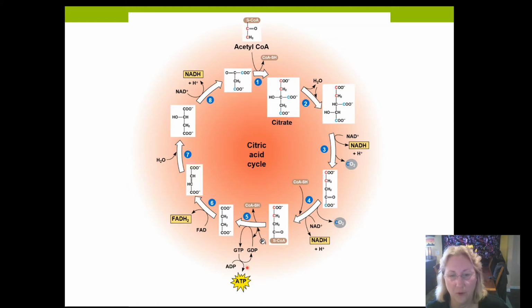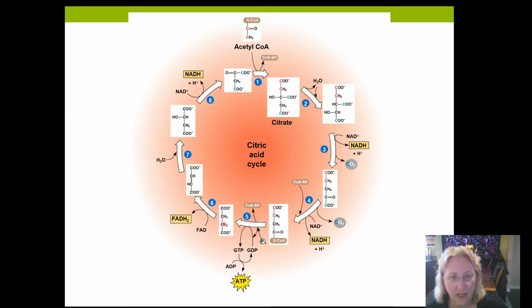Here's a phosphorylation step, so you notice GTP is the first product here. So GTP is used by quite a few cellular systems, including the ribosomes, which use GTP for protein synthesis. So this would be the source of that. It can also be turned into ATP at a small loss of energy.